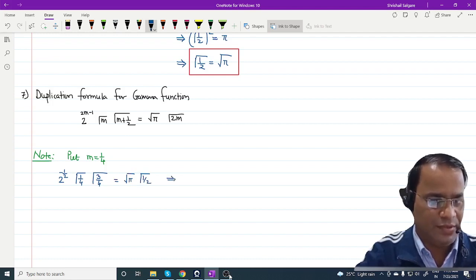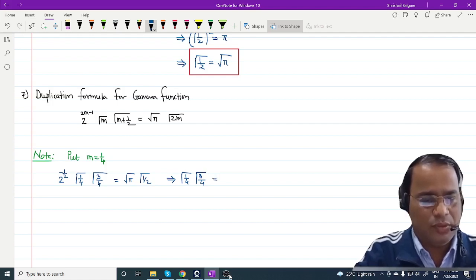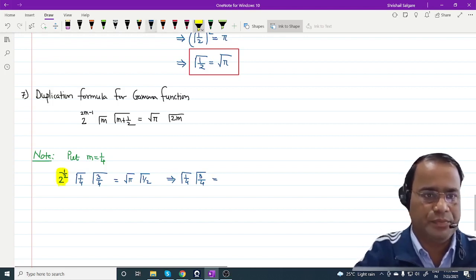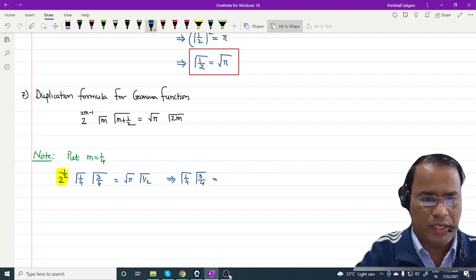This root pi remains as it is, and for 2m it is gamma of 1 by 2. Now further, if you simplify, gamma of 1 by 4 into gamma of 3 by 4 is equal to, this term I will take to the right side. Then the power becomes positive. So it becomes 2 raised to 1 by 2 into root pi as it is. Gamma 1 half is again root pi.